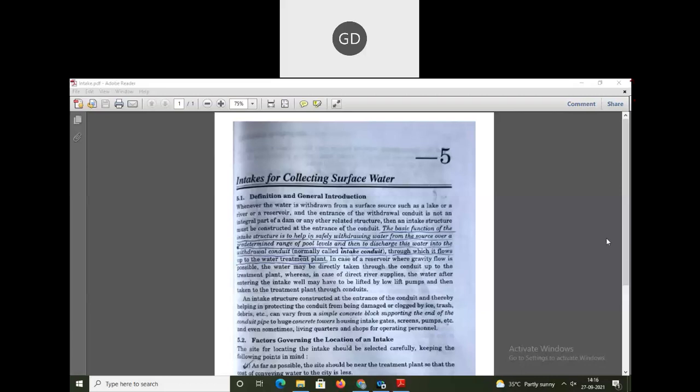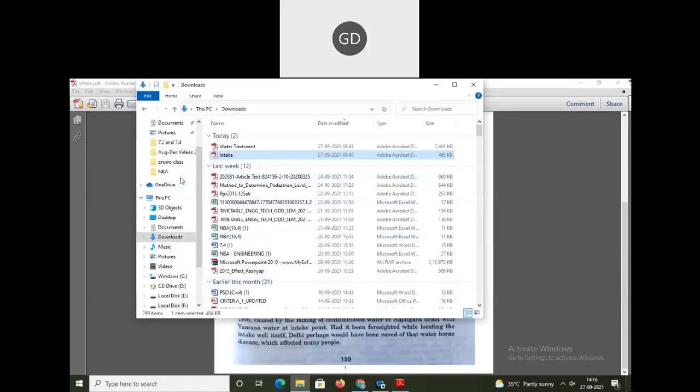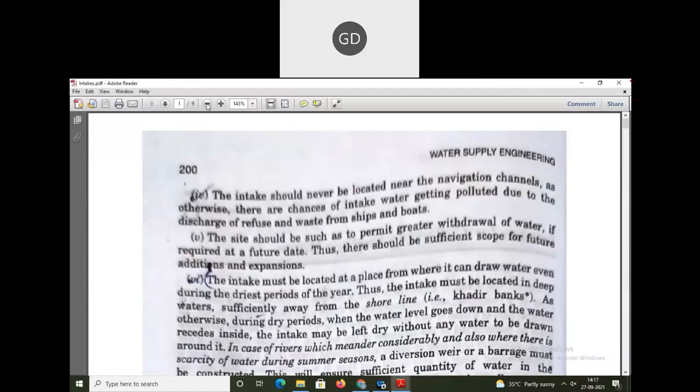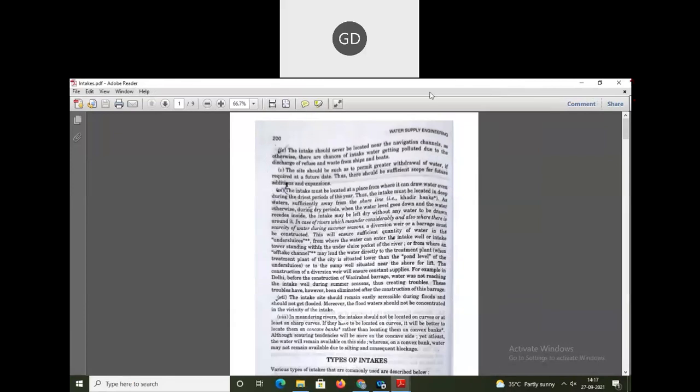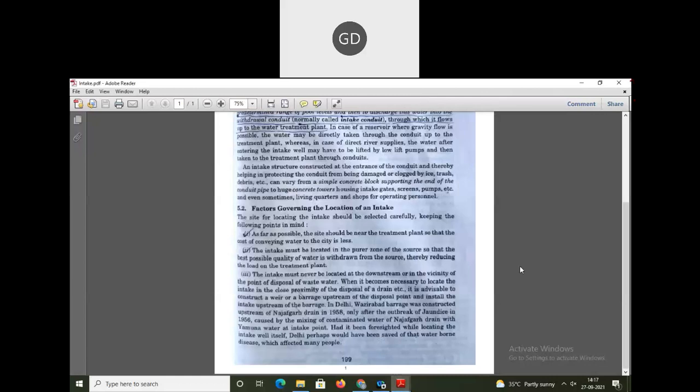Okay, so for the intake, there are certain factors which govern the choice of location.